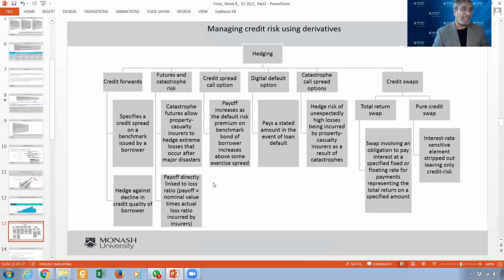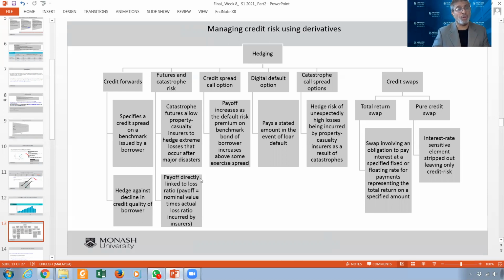Then you have the right to exercise the option and to claim. So you can claim when there is a default risk premium increase over a benchmark on a bond.